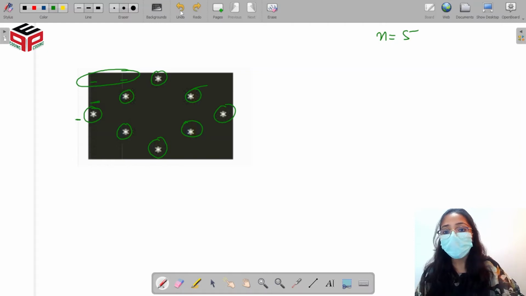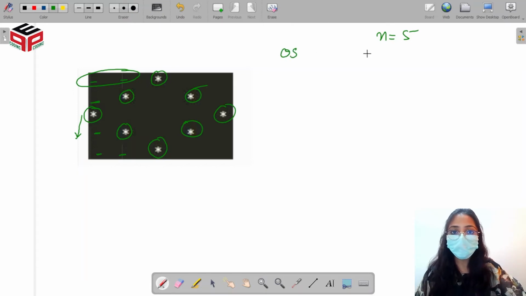Then as soon as I go down from the middle row, outer spaces increase by 1 and then become 2. So first the outer spaces are decreasing by 1, and then they are increasing by 1.